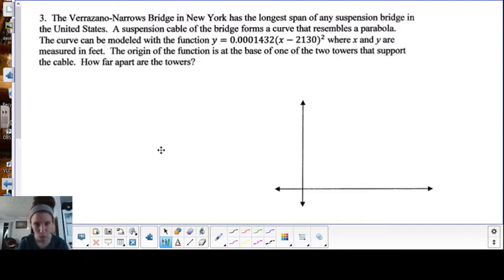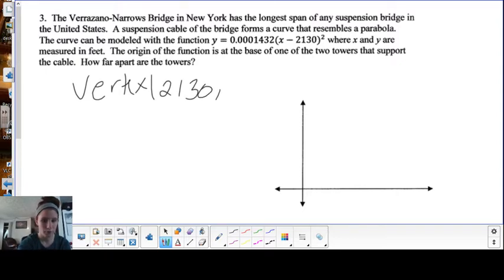Okay, so we need to find the vertex. And I'm just going to tell you that the vertex is at 2130, 0. Trying to make my parentheses look like parentheses. So that means someplace here is my vertex.